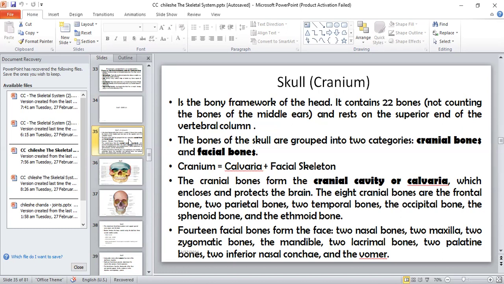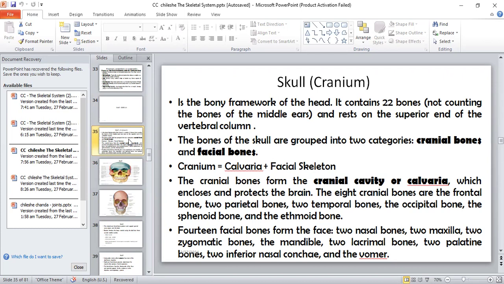The axioskeleton is made up of the skull, which forms the cranial cavity, and the vertebral column, as well as the thoracic cavity, the ribs and the sternum. Those are the bones that make up the axioskeleton.